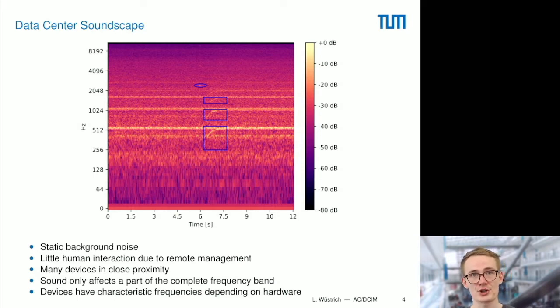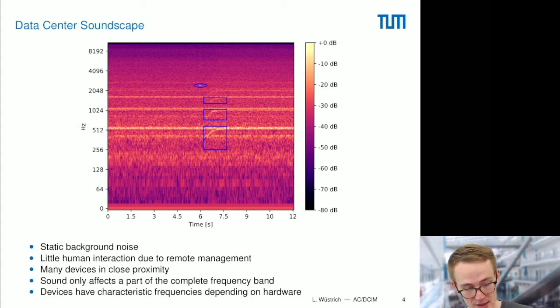The figure here shows the spectrogram of a recording in a real-world data center over a time frame. On the y-axis, we can see the frequency of the spectrum, and the brighter a color is over time, the more energy it carries, which we would then perceive as louder. What you can also see in this figure is a server that boots up in the background.